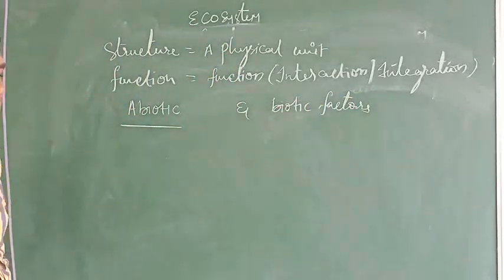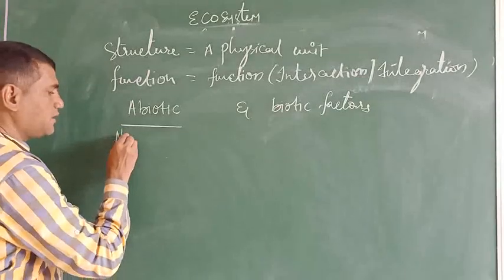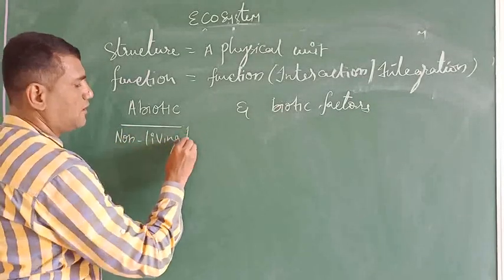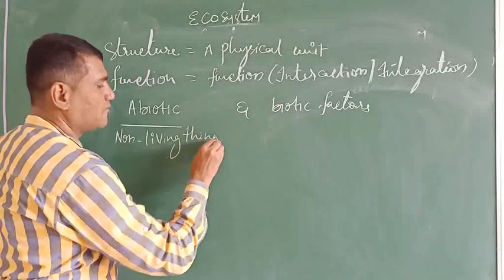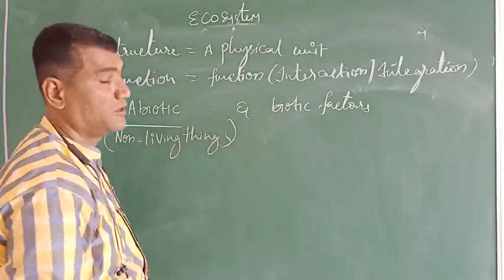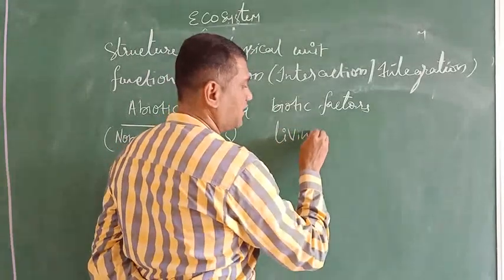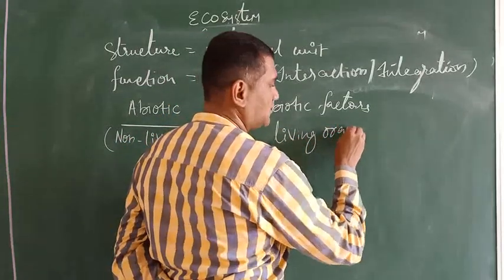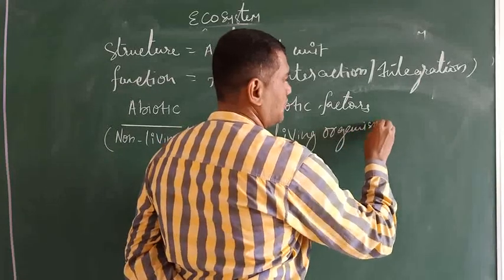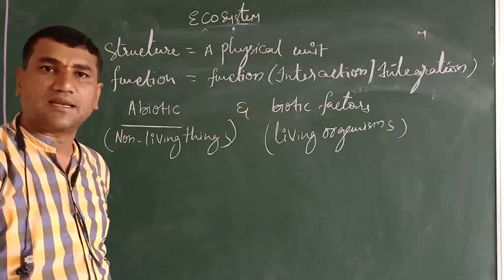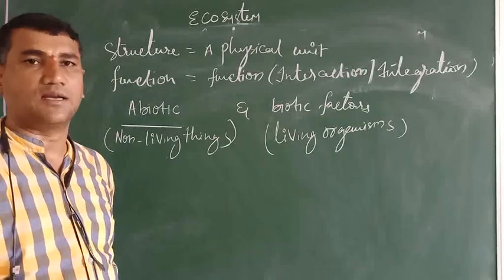Abiotic means non-living things. Biotic means living organisms. What comes under living organisms? You know the characteristic features of a living organism.